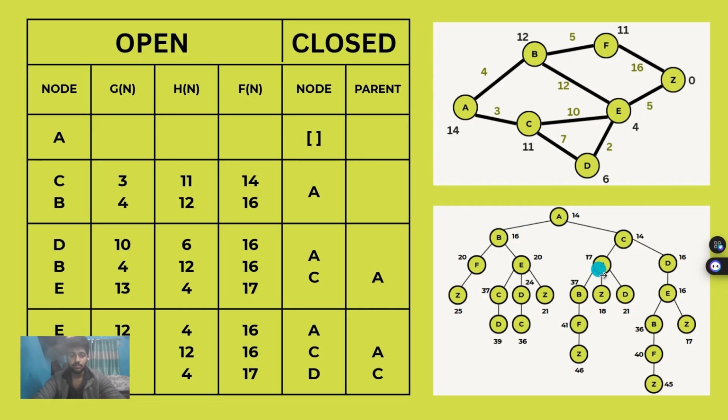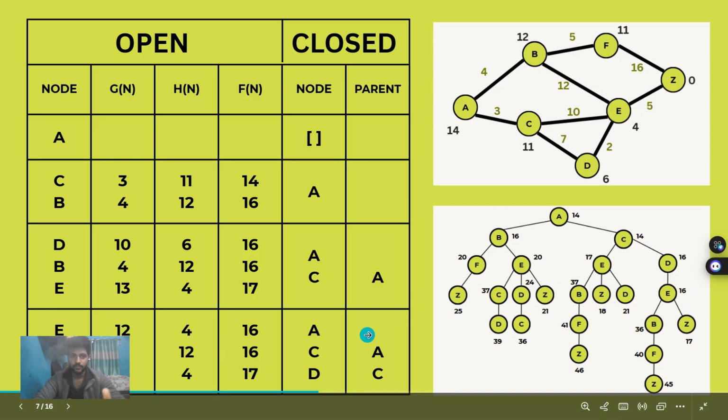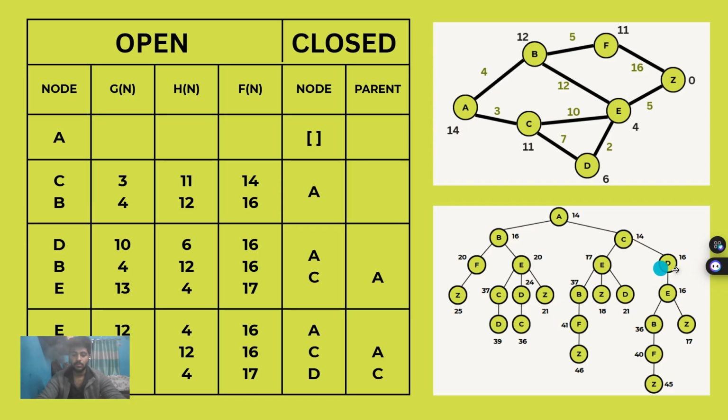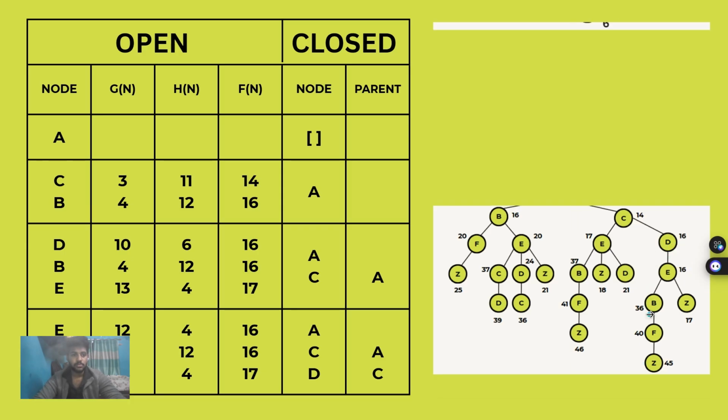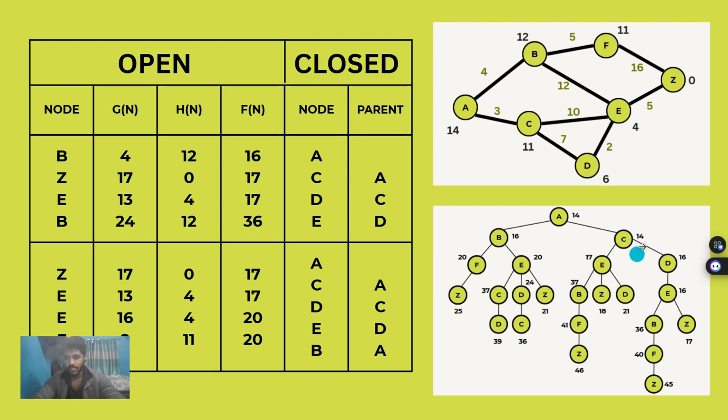So we are going to explore the least value of f(n), which is E with 16, which exists here. Now as we are going to explore this E, the child nodes of E are B and Z. So we'll be writing B and Z, and we'll be closing E with the 16 value here. And this E has a parent, which is D. We'll be writing it here.